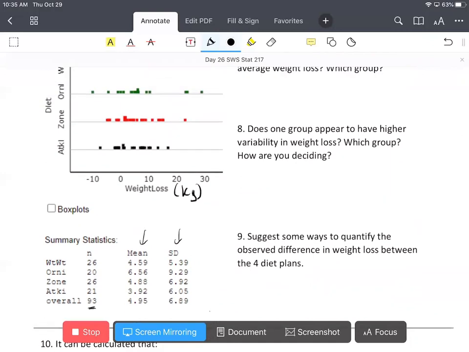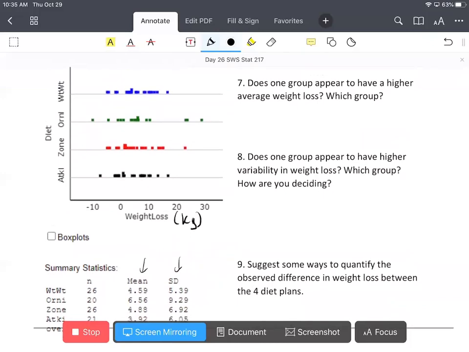So looking, does one group appear to have a higher average weight loss, and which group is it? Ignoring the summary statistics for a moment, which one appears to have a higher weight loss? I would say Ornish, and the reason I would say that is because they have these outliers out here where people lost a good amount of weight.